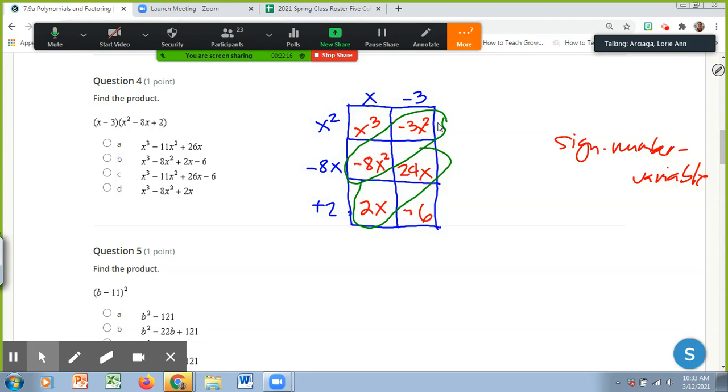So if you add these two together, since they're both negative, negative 8 and negative 3 will become negative 11, right? And when you add these two together, that's going to be 26x. So what's the final correct answer?